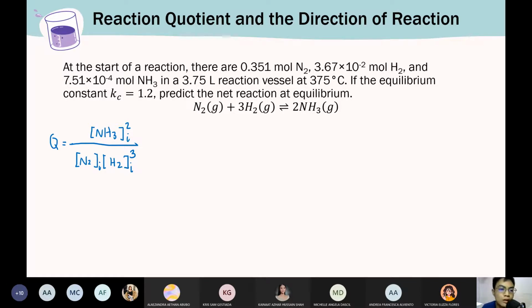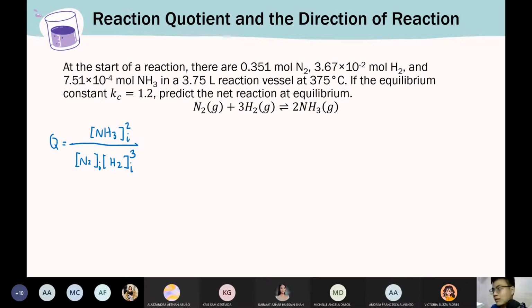Now, always remember, when you see square brackets, what does it mean? It means concentration. So this is my question sa class, no? How will I solve for the concentration? Just look at the problem and then tell me what should I do. Paano ko kaya kukunin yung concentration ng mga chemicals ng NH3, ng N2, ng H2?